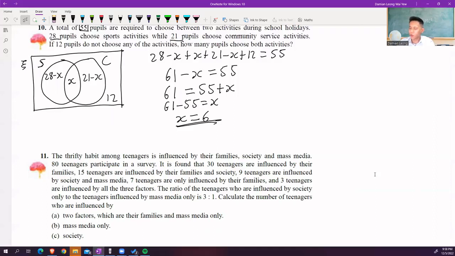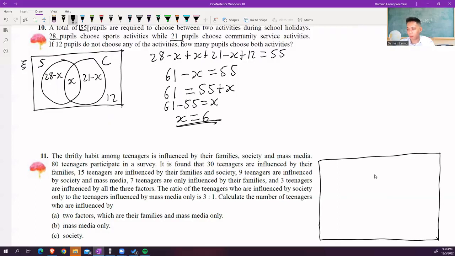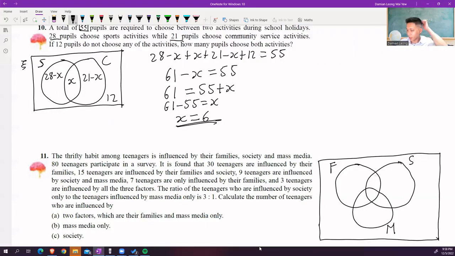Yeah. So if we try to interpret all this information in our head, it might be very hard. But again, if I sketch out the diagram, then it will be much easier to keep track. So now I have 3 different sets. Okay. So let's say F for family, S for society, M for mass media.